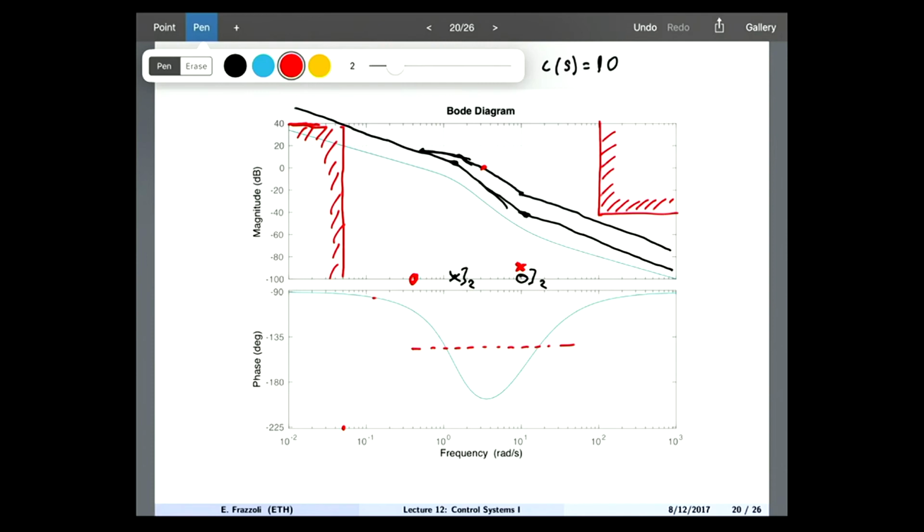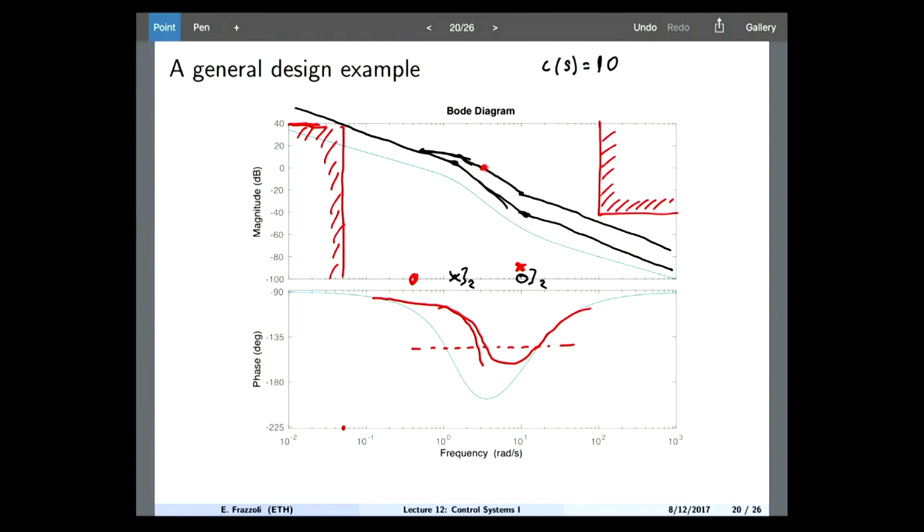So my phase may be something like that, or whatever that looks like, okay? It may be the case that exactly at this point, the new crossover, my phase margin is sufficient, okay?